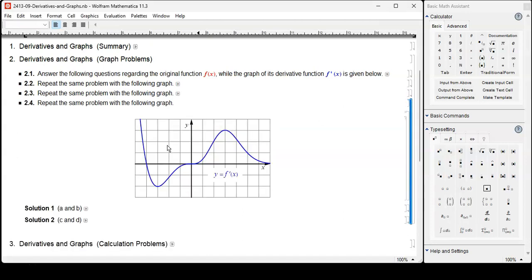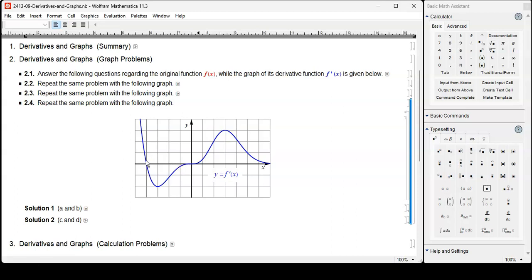Here's another graph. Let's see, we have x-intercepts here and here, and then a horizontal asymptote there. So it looks like there are two critical points, and the x-coordinates of the critical numbers are x equals 0 here and x equals -4 here, those two.